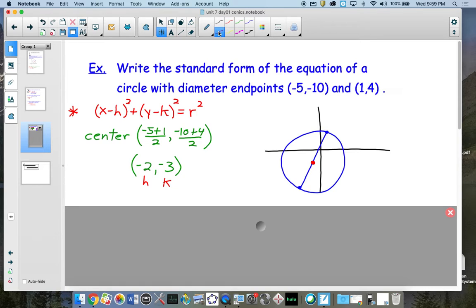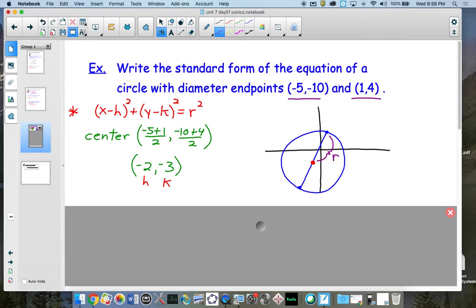So there's two ways we could do this. The radius is half of the diameter, so we could find the distance between these 2 points and then just cut it in half. Or we could use our center point and either of the other 2 points and use the distance formula on those two to find r. So let's do that.